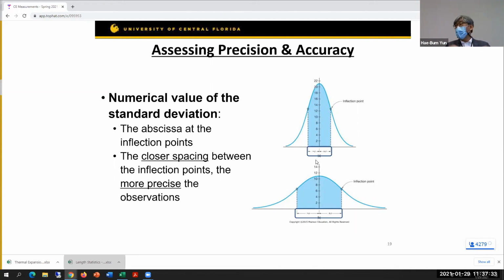Student A measures and comes up with the top one, and student B comes up with the bottom one for the same desk. So who has more consistency? The first one, right? So standard deviation is a measure of consistency, or precision. Do you have any questions so far?